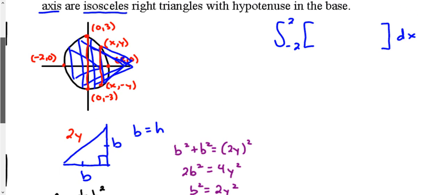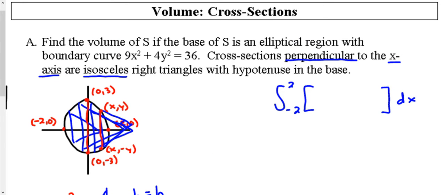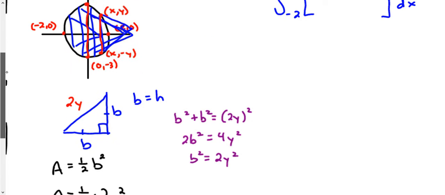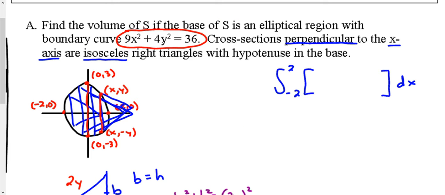Now, if I go back to the original problem, look at this right here. They gave us a relationship between x and y: 9x squared plus 4y squared equals 36. So in our area formula here, we've got y squared. Let's just solve this for y squared. 4y squared would equal 36 minus 9x squared.